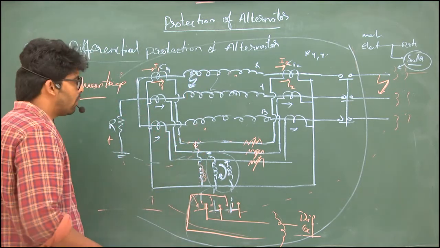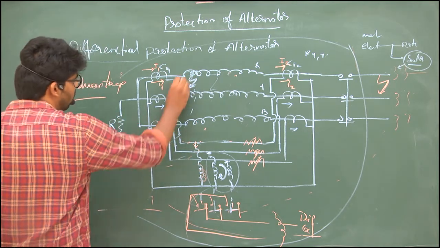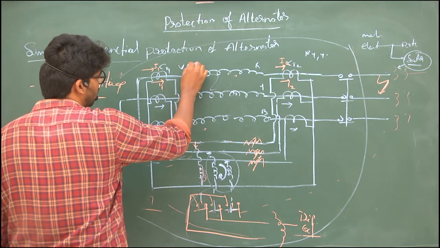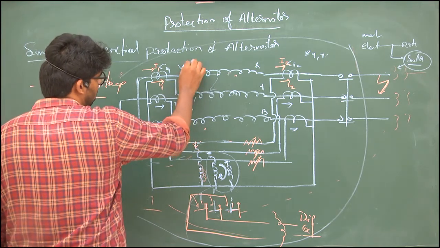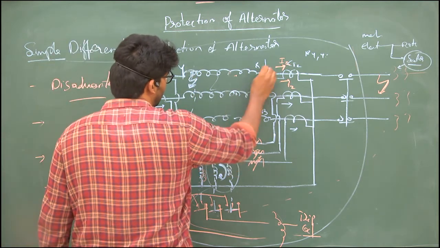Why? Because if the fault occurs near the ground, the voltage will be very low compared to the rating. Let us say, for example, the rating of this is 100%.